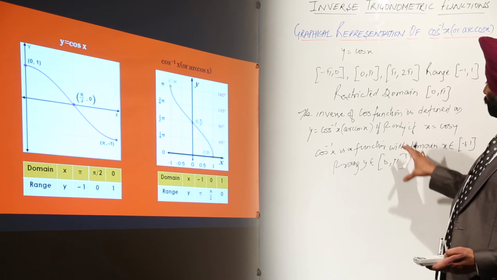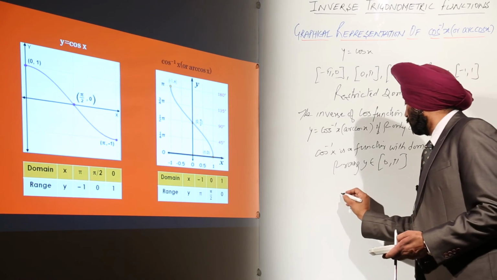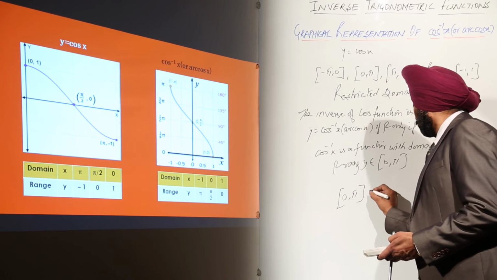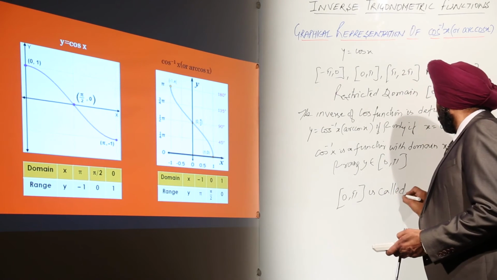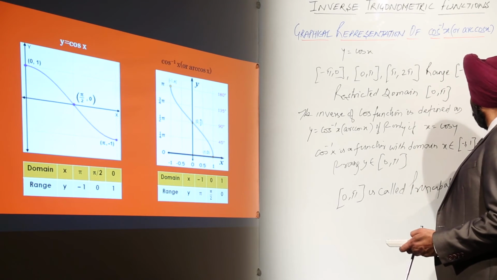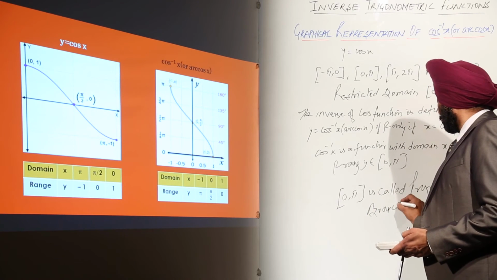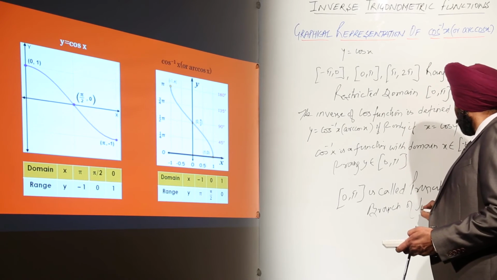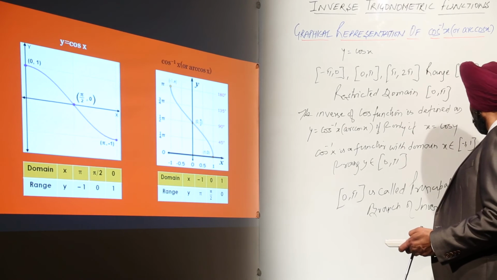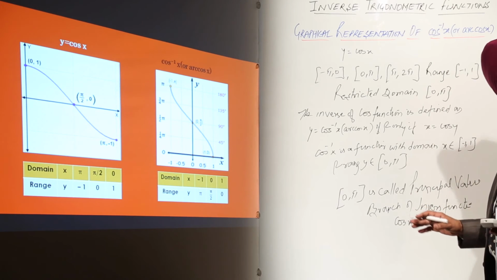Now the restricted domain 0 to pi becomes the restricted range here. So the range 0 to pi is called the principal value branch of the inverse function of cos x.